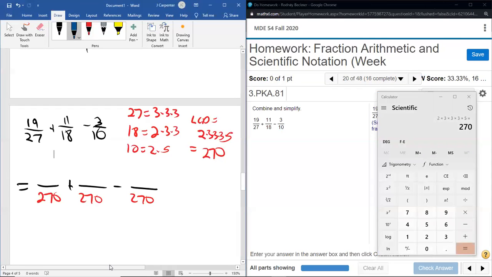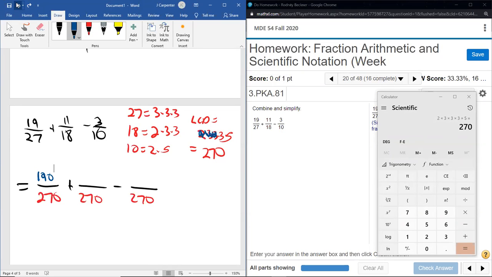New numerators. 27 is going to go into 270 10 times. 10 times 19 is 190. The cool trick I mentioned before, 27 to 270, well, 27 was the 3s. If you ignore them, you've got 2 times 5. So that's what you multiply the 19 by, 10. 19 times 10 is 190. 18 into 270, well, that was a 2 and a pair of 3s.